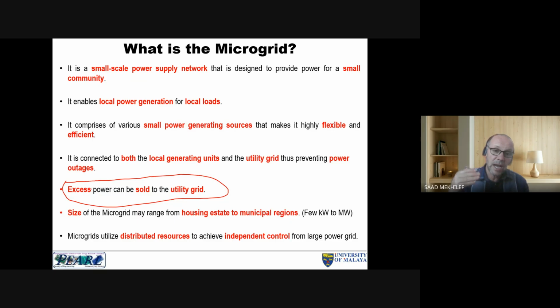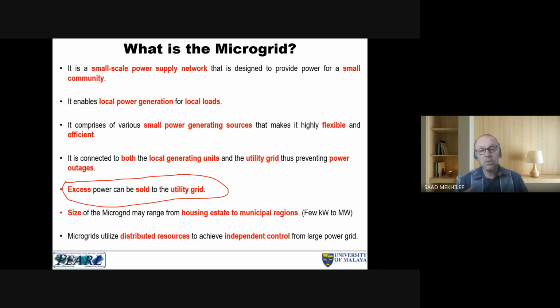When we say very high, I give you an example in Australia, like around 15 years ago, the price of electricity was almost 2 times. If you bought from the grid, maybe it cost you 25 cents. If you sold to the grid, you could almost sell at 50 cents per kilowatt hour. I'm talking about 15, almost 20 years ago.